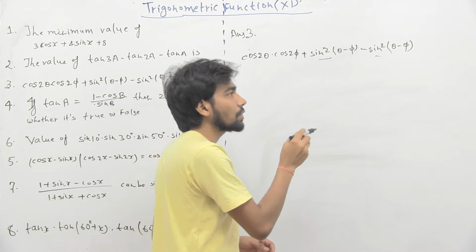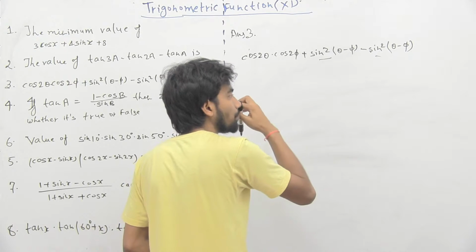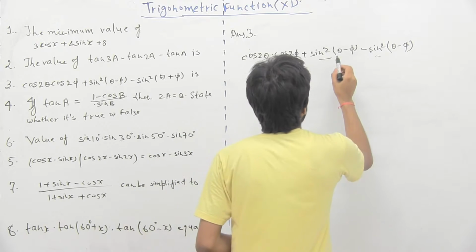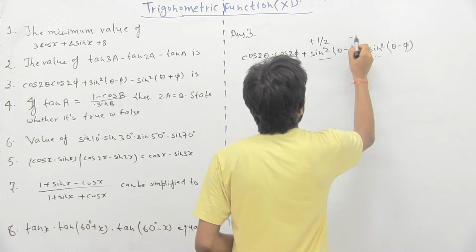So we can first change this in the form of cos theta, so that both the terms can be equal and we can further simplify that.